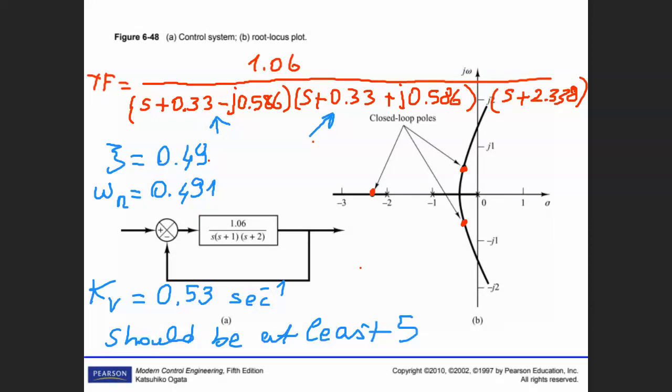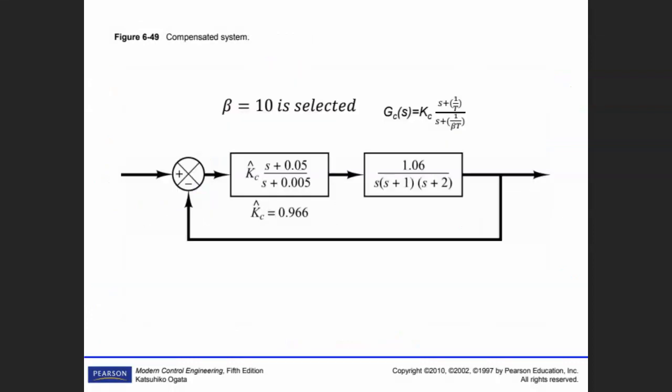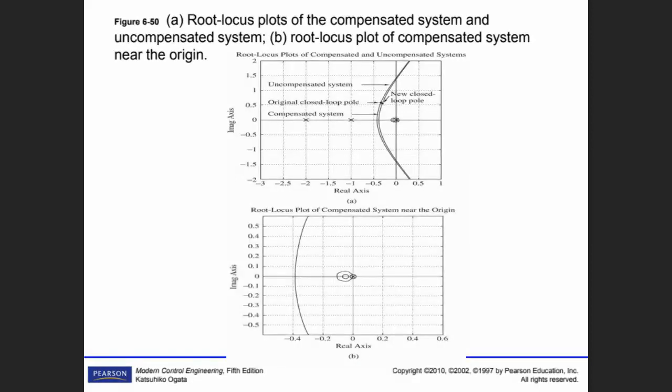You remember our equation: kV multiplied with beta. So beta 10 is selected. When you select beta 10, you end up with this one.